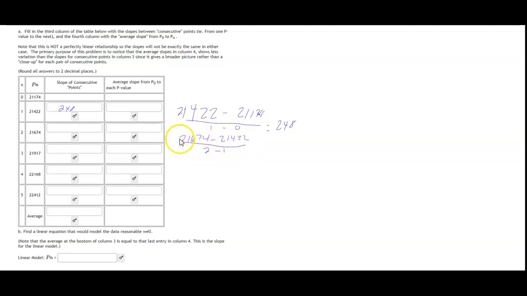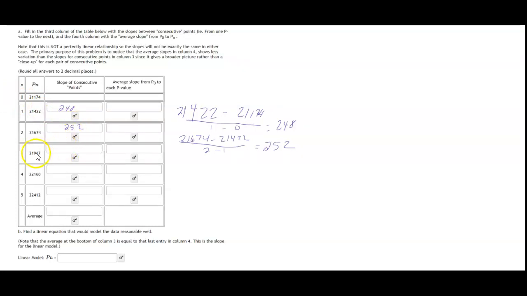There's really no point in putting the denominator because each time it's going to be from consecutive, it's always going to be 3 minus 2, and the next one, 4 minus 3, is always going to be 1. So it's just basically a matter of subtracting those points. That's the common difference, and that will be 252. So put this here, and we'll continue to do the same thing all the way down.